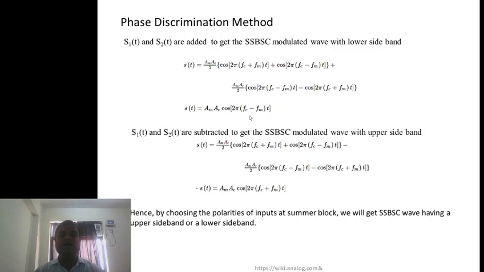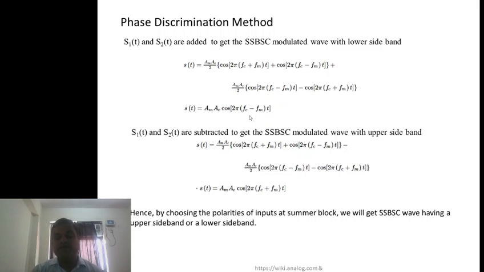That is one of the advantages of this phase discrimination method. The circuit used in the phase discrimination method is simpler in comparison to the frequency discrimination method, because the design of a band pass filter having very sharp cutoff characteristics, equal to the ideal band pass filter brick wall response characteristics, is complicated.